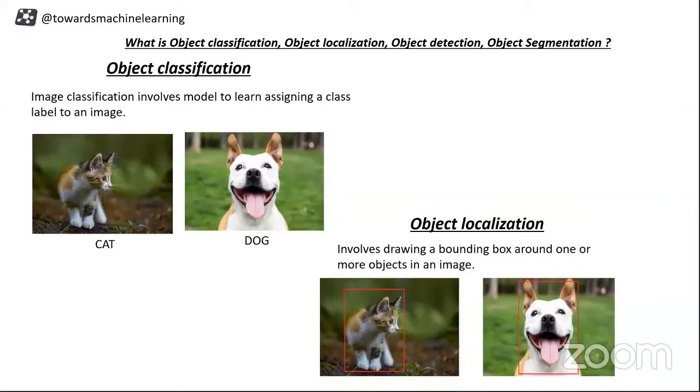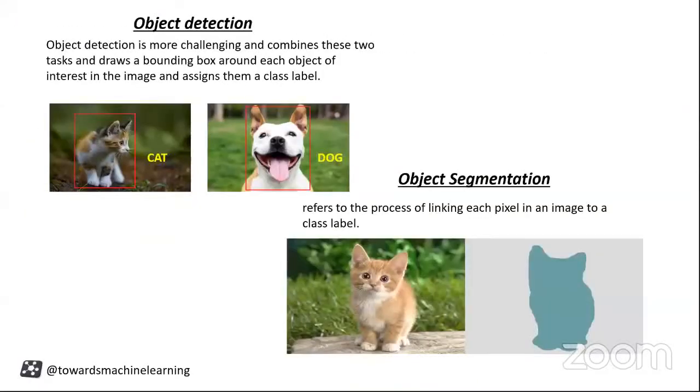If you can draw a bounding box around it, it's known as localization. If you have the bounding box as well as the label, that is detection. Then we have segmentation as well, in which we classify each and every pixel according to their classes. I hope you all get it.